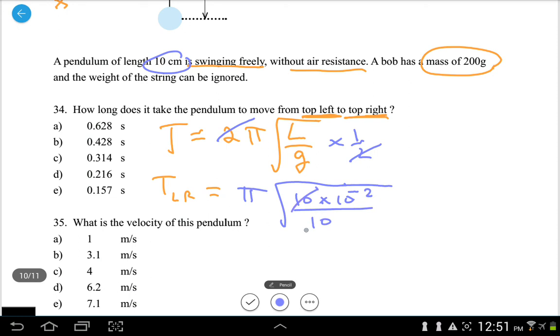So these 10s cancel. If you root this out, you get 10 to the negative 1. And pi is 3.14. 3.14 divided by 10 is 0.314 seconds. So my answer for this is C.